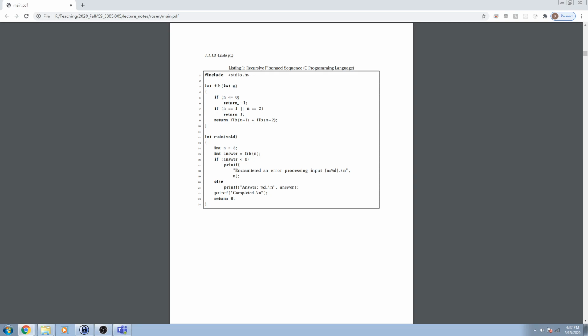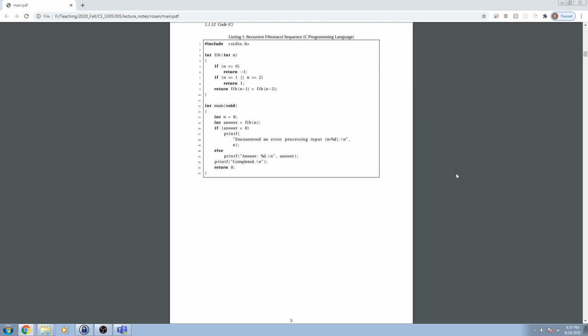So if we pass in 10, like we want the 10th term in the sequence, then we will recursively execute steps for the terms 9 through 1 over here, and then we'll recompute values 8 through 1 over here. And so it's a bit wasteful, but I wanted to leave that in to explain that.